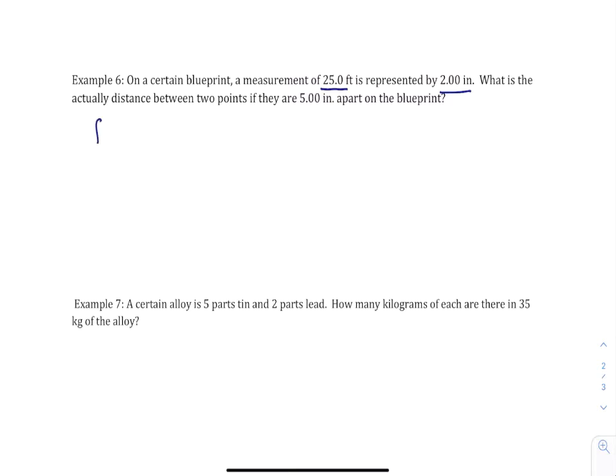So we're going to make a ratio feet to inches, and we're going to keep that consistent. So if I know that there are 25 feet for 2 inches, then I would set up the other part of my proportion with what I know. I want the actual distance, so I don't know how many feet there are, but I do know on the map they are 5 inches apart.